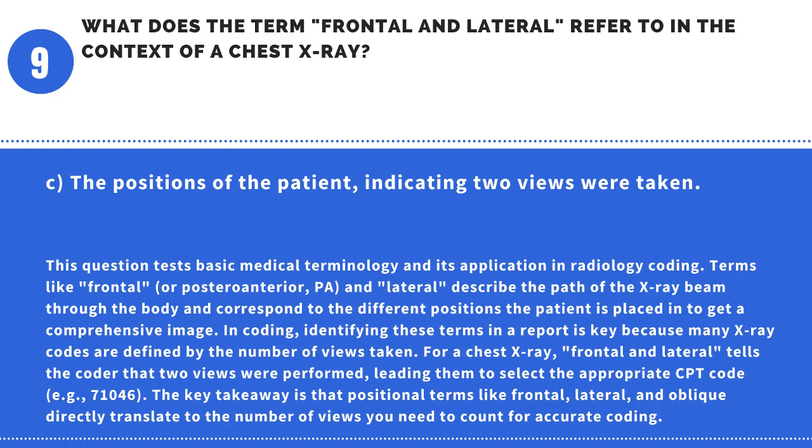For a chest X-ray, frontal and lateral tells the coder that 2 views were performed, leading them to select the appropriate CPT code, e.g., 71046. The key takeaway is that positional terms like frontal, lateral, and oblique directly translate to the number of views you need to count for accurate coding.